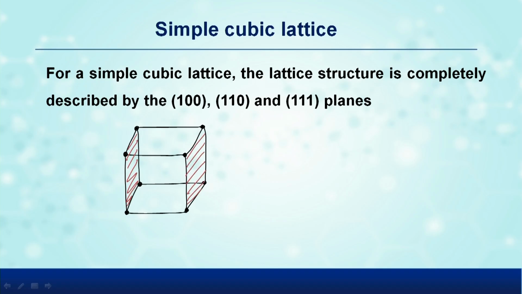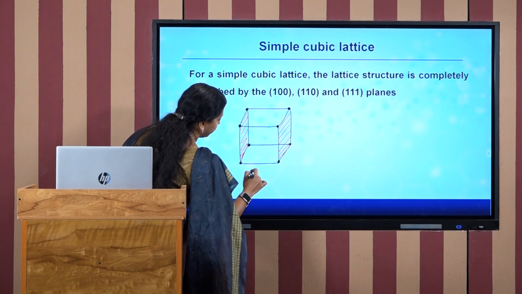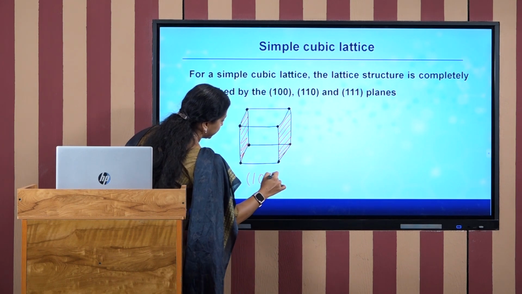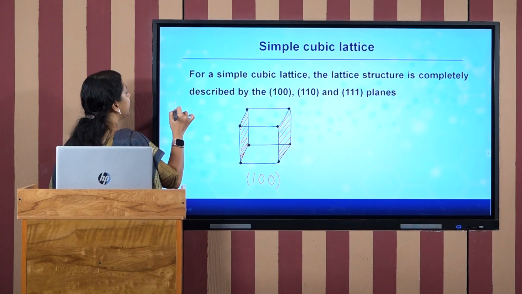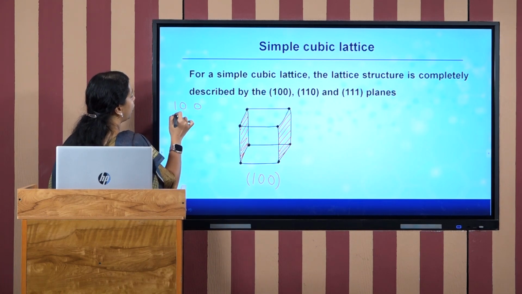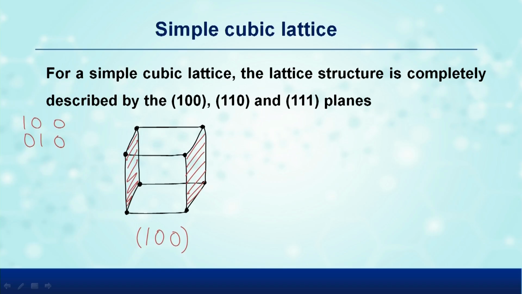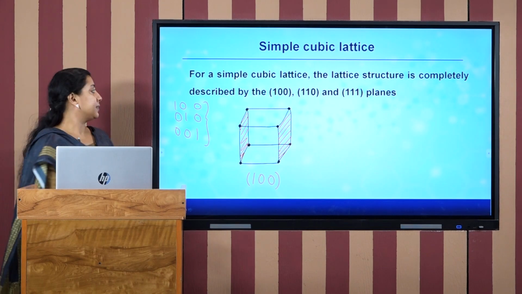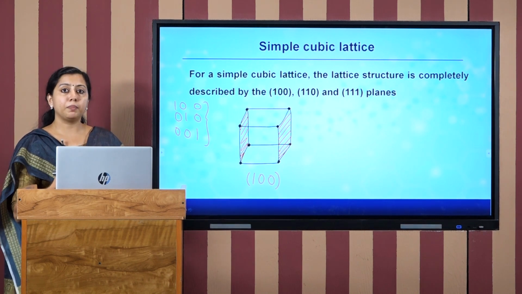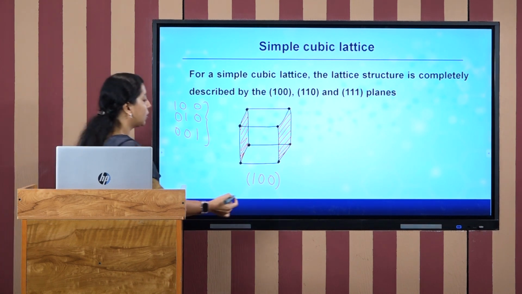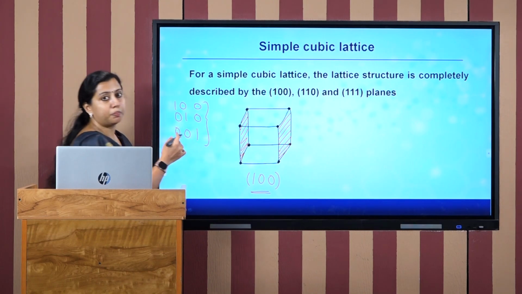This is a general representation of a 1 0 0 plane. Now, the 1 0 0 or 0 1 0 or 0 0 1, all these three have equivalent symmetry.